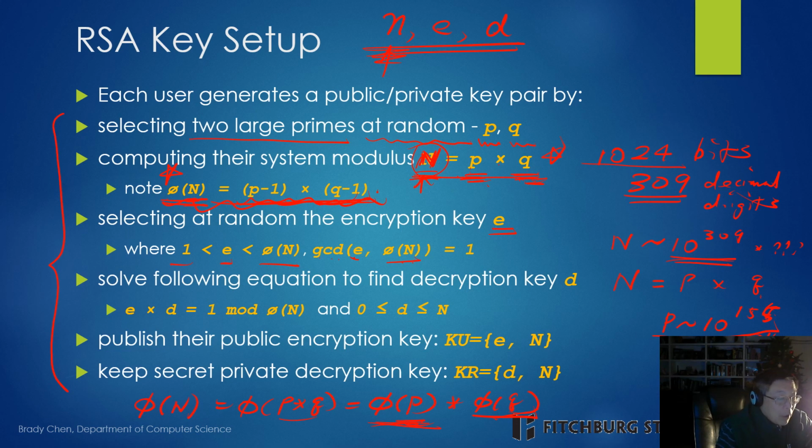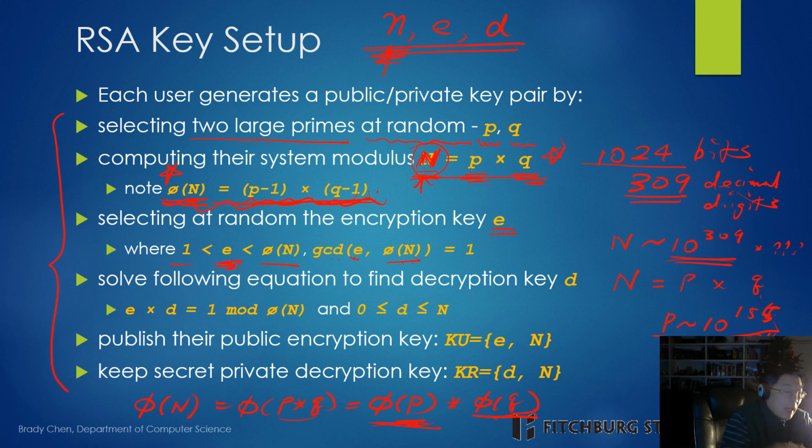Using the Euclidean algorithm, we can easily calculate the greatest common divisor between E and phi of n. If the GCD is not 1, they are not relatively prime, so we get rid of this E and select another E.